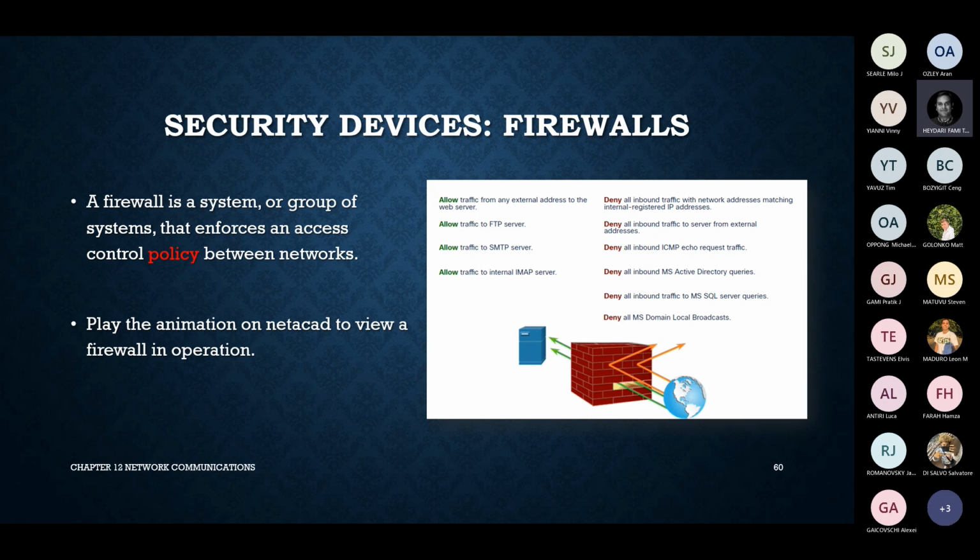So it's a table or a list of access control entries. Each entry is simply a permit or a deny statement, where you say permit IP traffic from 1.1.1.1 to 2.2.2.2, deny ICMP traffic from 2.2.2.2 to 1.1.1.1, something like that.